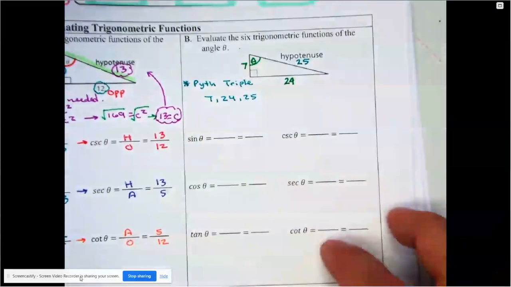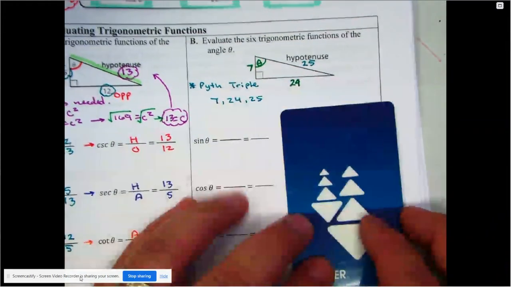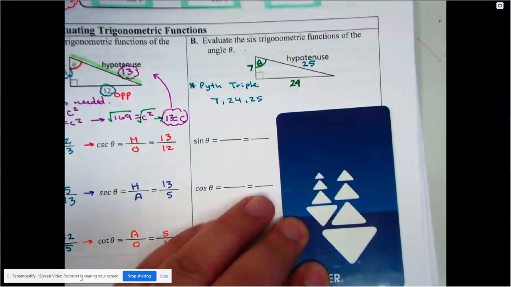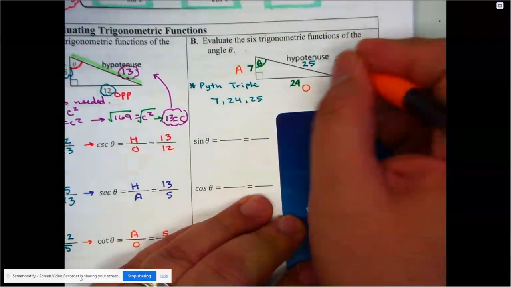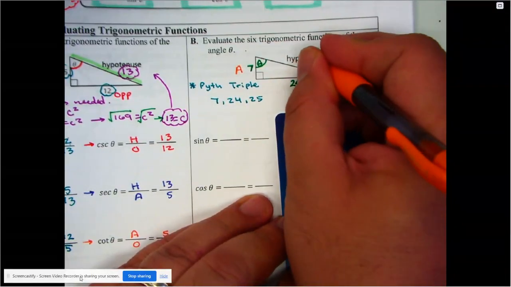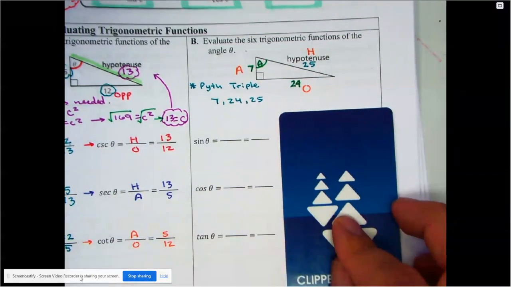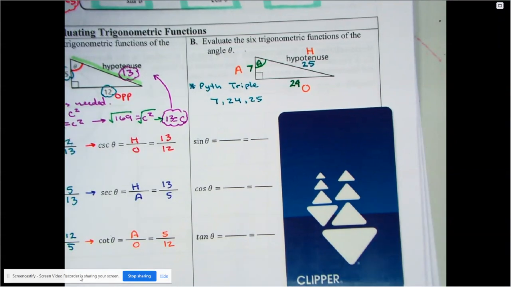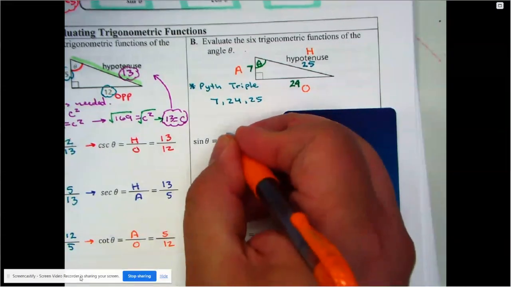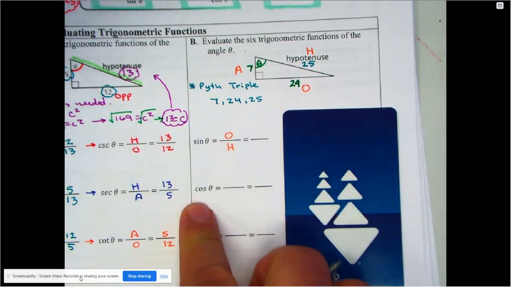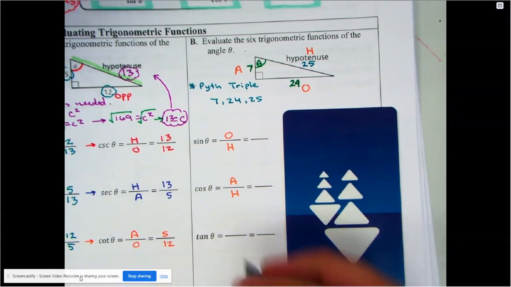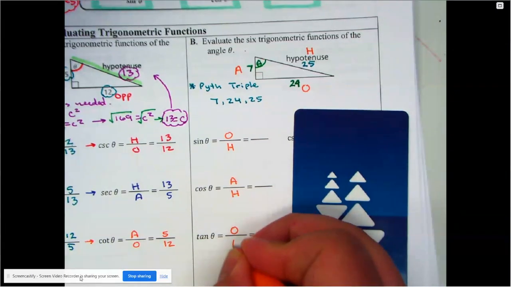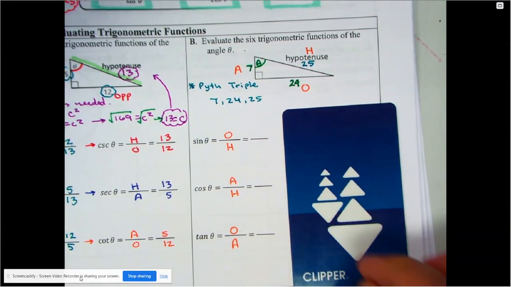All right, so here we go again. Just like I mentioned earlier, we're going to go with the basics here. I'm going to label first. Here's my opposite, here's my adjacent, and obviously here's the hypotenuse. They already wrote that for me, but I'll put the H anyway. All right, our friend SOHCAHTOA, everybody. SOH, sine; CAH, cosine; TOA, tangent.